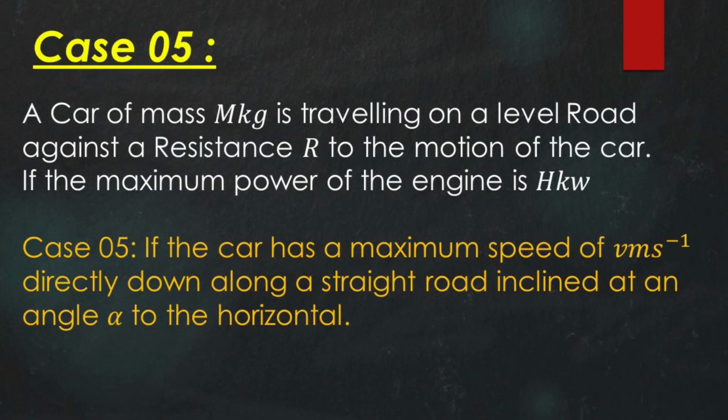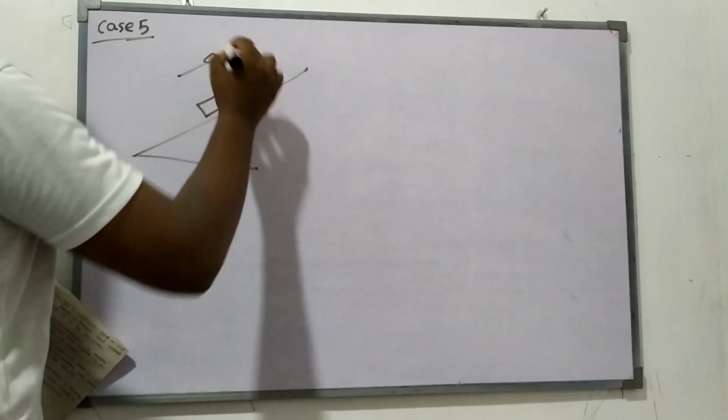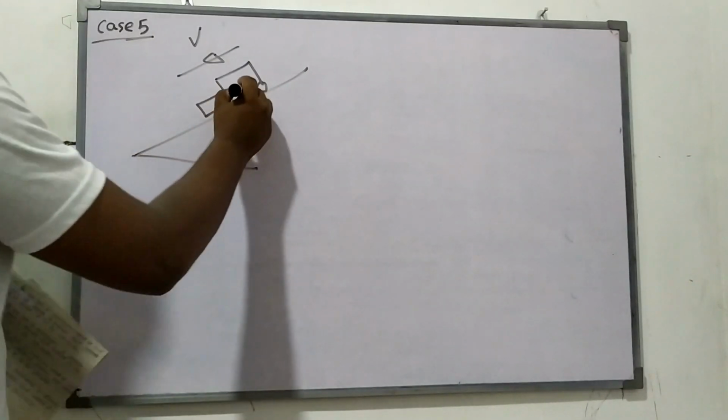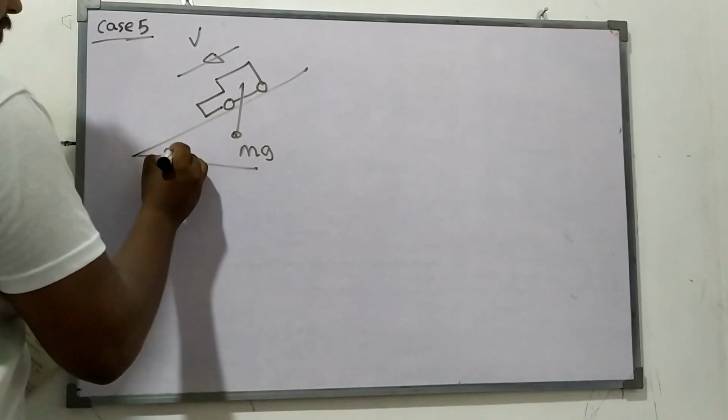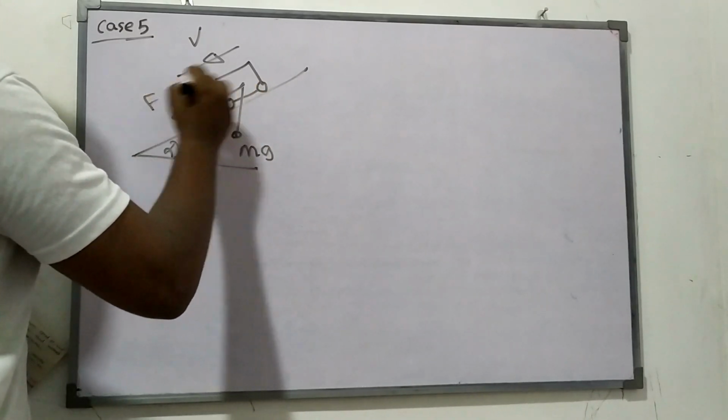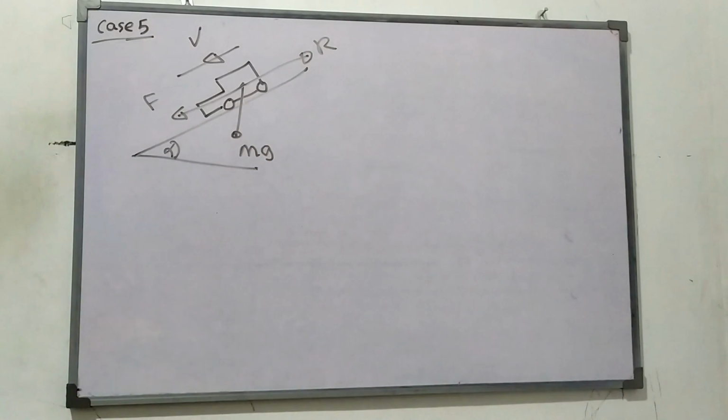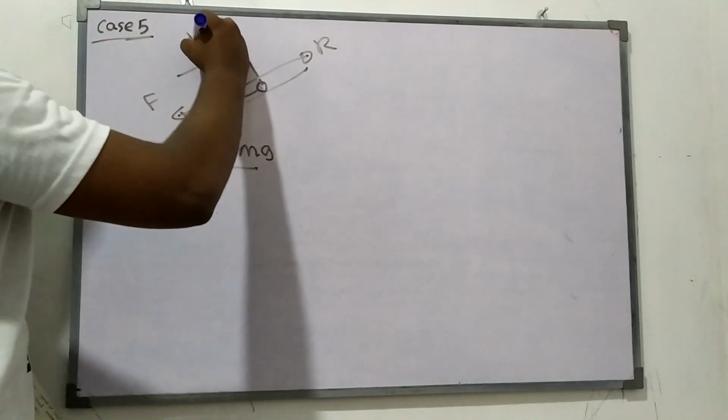Okay, case number 5. If the car has a maximum speed of v directly down along a straight road inclined at angle alpha to the horizontal. The engine force F, resistance R. The velocity is v.